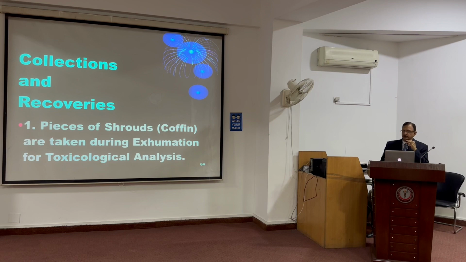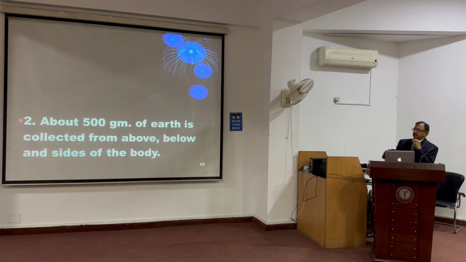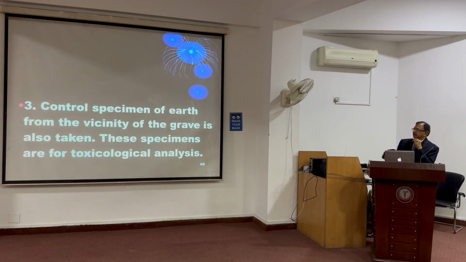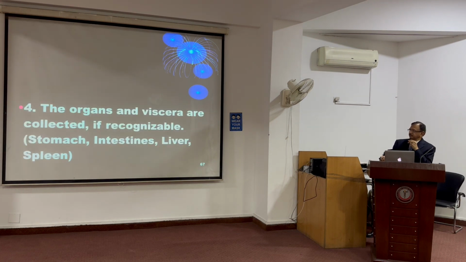We'll discuss both. Previously, we used to collect a piece of shroud and 500 grams of earth from the sides, from above and below the body. And then a control specimen away from the grave is also collected to compare for toxicological analysis.